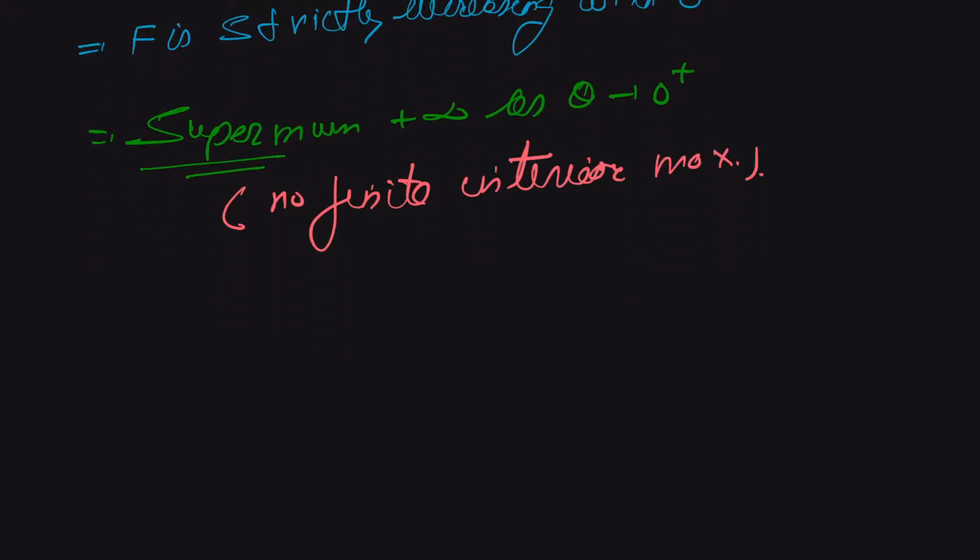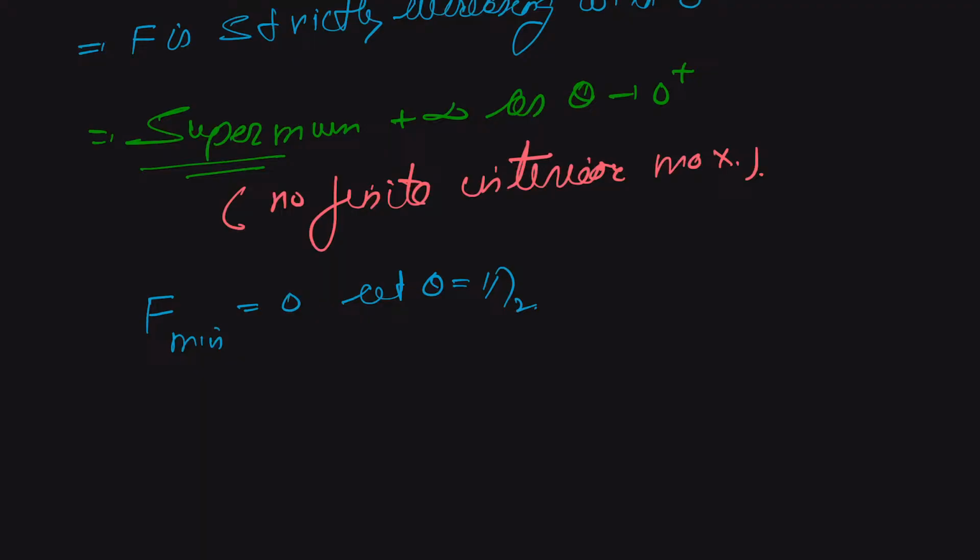Okay. And for our minima, f minima will be 0 at theta equal to pi by 2. That is quite obvious from the cot of pi by 2.